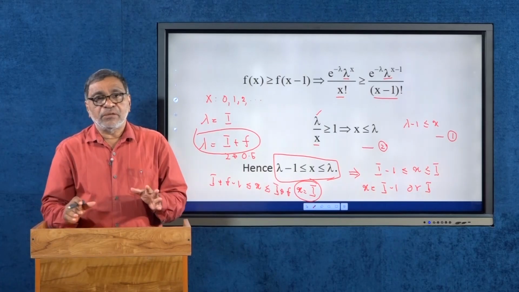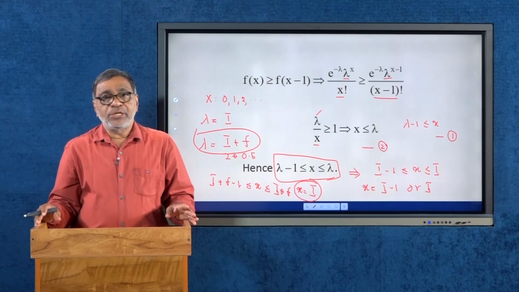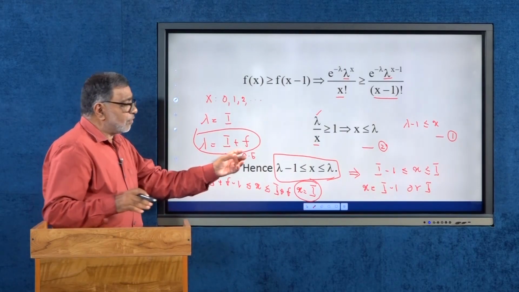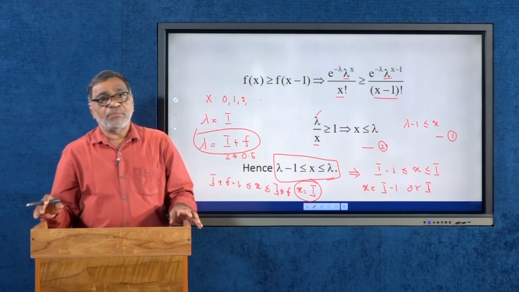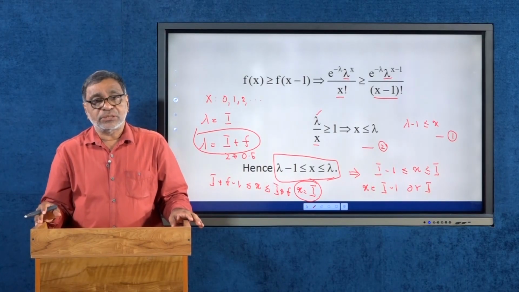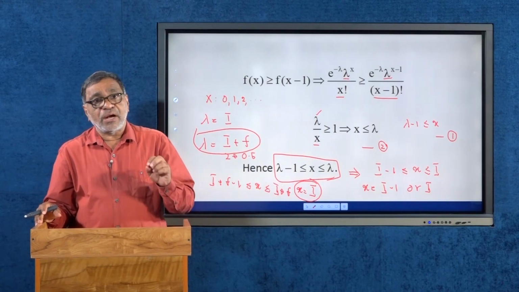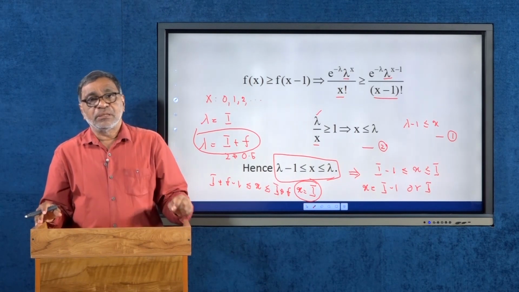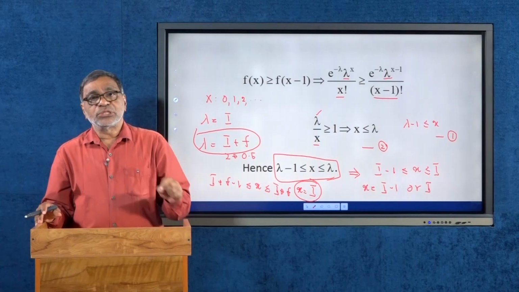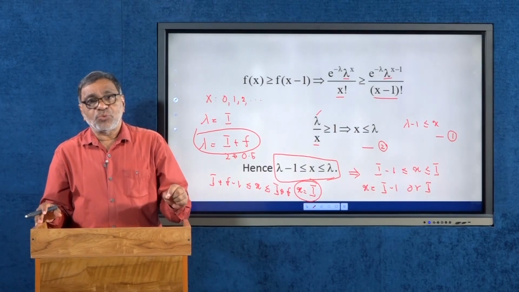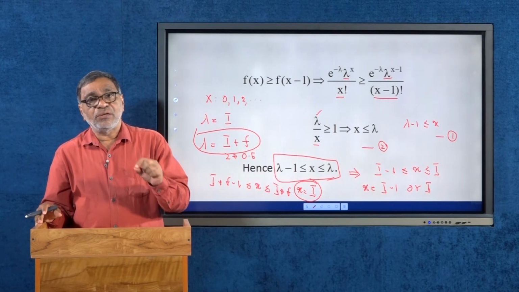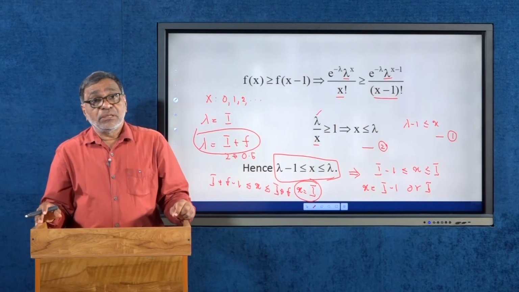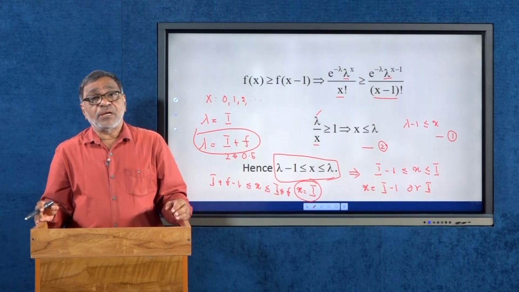So, once again I repeat, for a Poisson distribution, we can find the mode of the distribution by finding this inequality lambda minus 1 less than or equal to x less than or equal to lambda, and identifying the character of lambda. If lambda is an integer, then there exist two modes, I minus 1 and I, where I is the value of lambda. If lambda is not an integer, then the integral part of lambda is the mode.